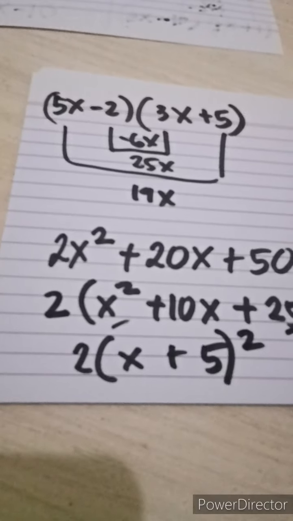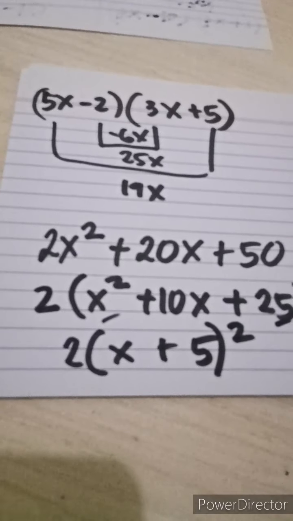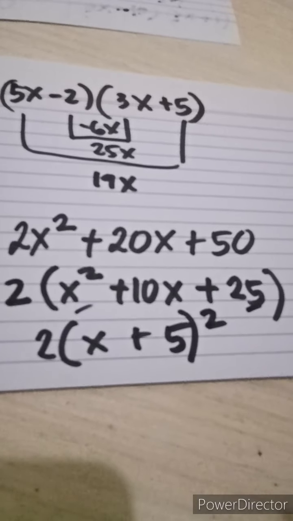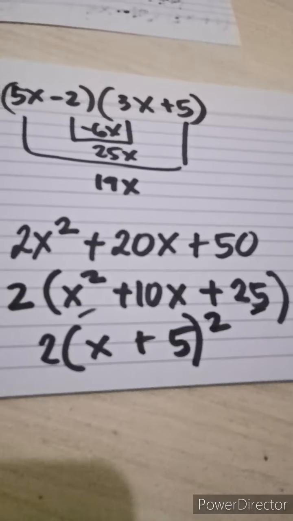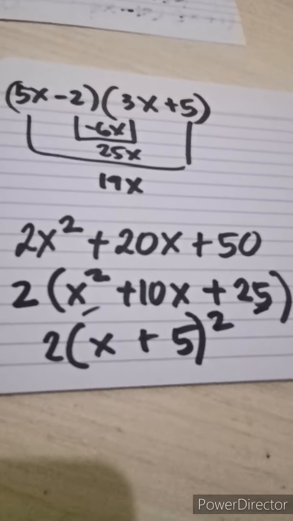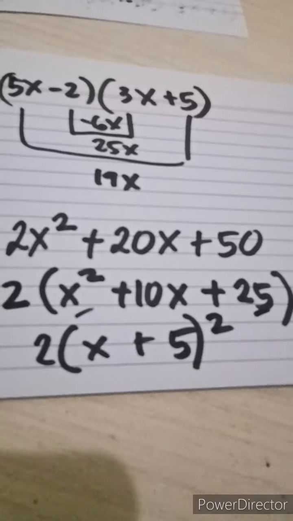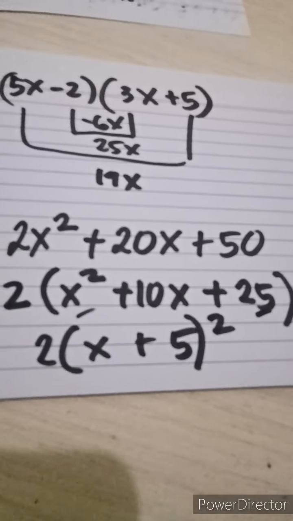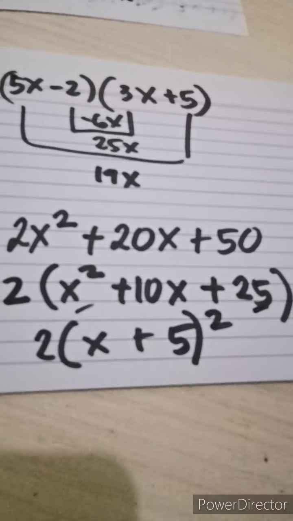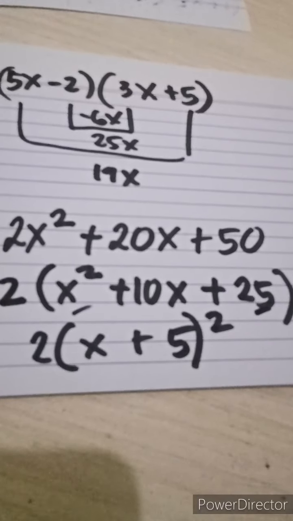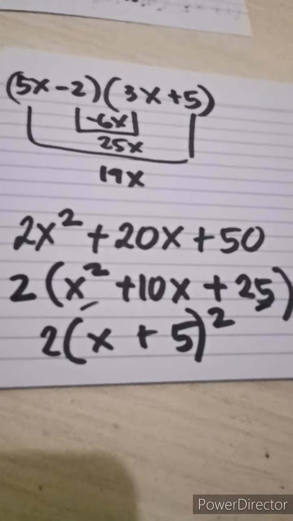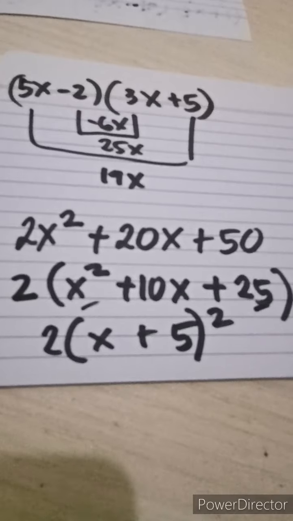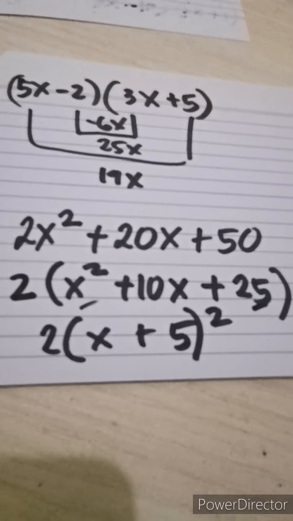So, that is the factor of 2x squared plus 20x plus 50. Una natin ginawa, kinuha muna natin ang common monomial, and then we proceed to the next factoring method, which is perfect square trinomial. So, ang tawag dito ay factoring completely.